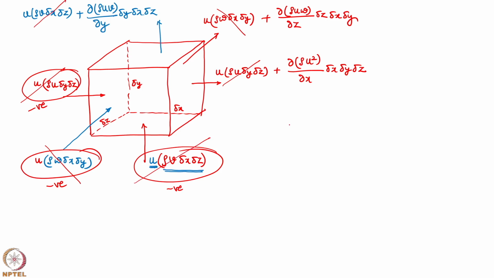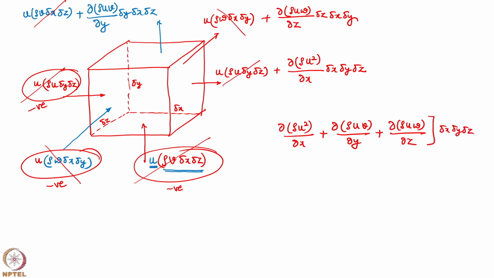So you have dou of rho u squared by dou x plus dou of rho u v by dou y plus dou of rho u w by dou z into delta x delta y delta z.